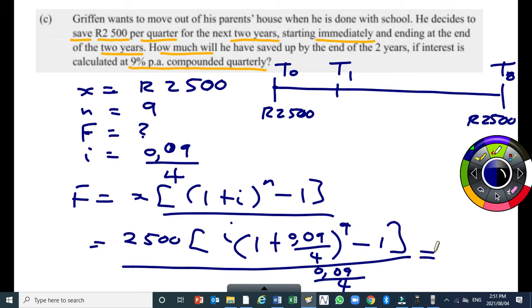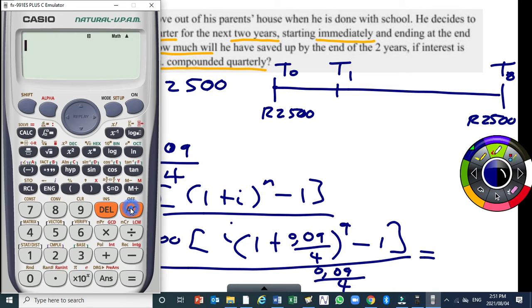So you have to take out your calculator. First, you start by putting the fraction option. Then you put x, which is 2,500. We are multiplying because we have two brackets, so we have to open the bracket twice. Then 1 plus the fraction option 0.09, then you divide that by 4, and then close the bracket.